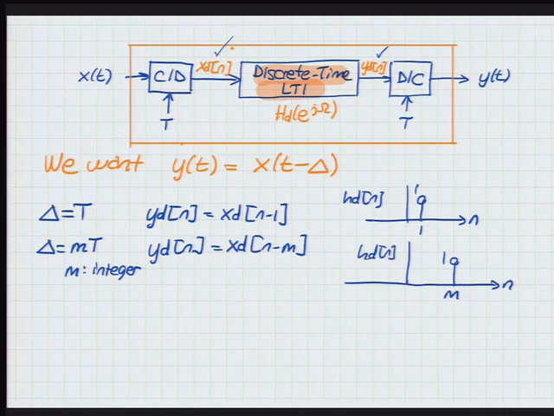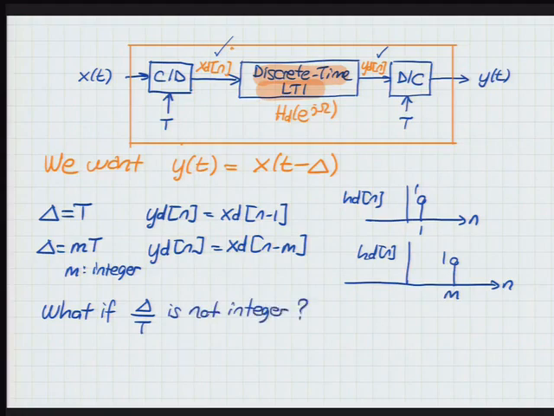There's not much to talk about here. The interesting question is the following. What if delta by T, or T by delta, is not an integer? What would we do in that case?